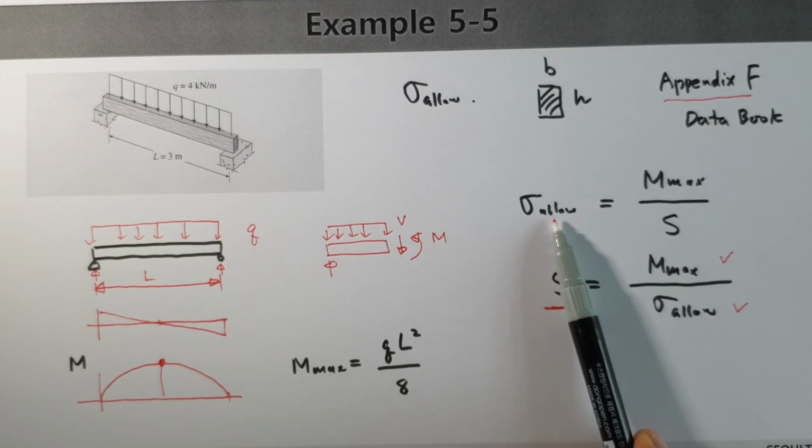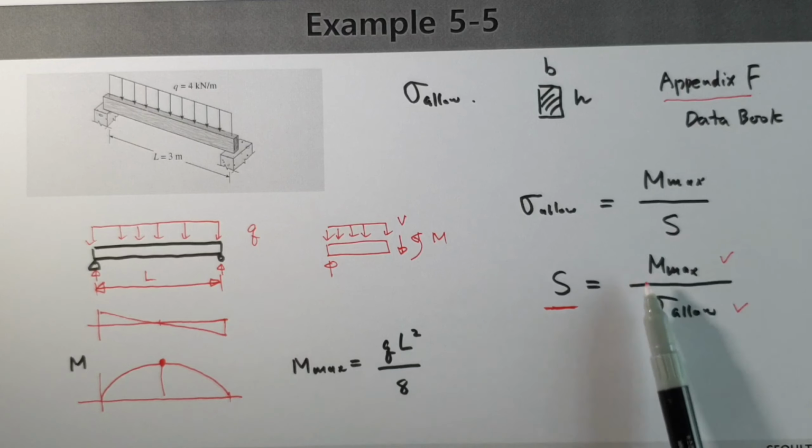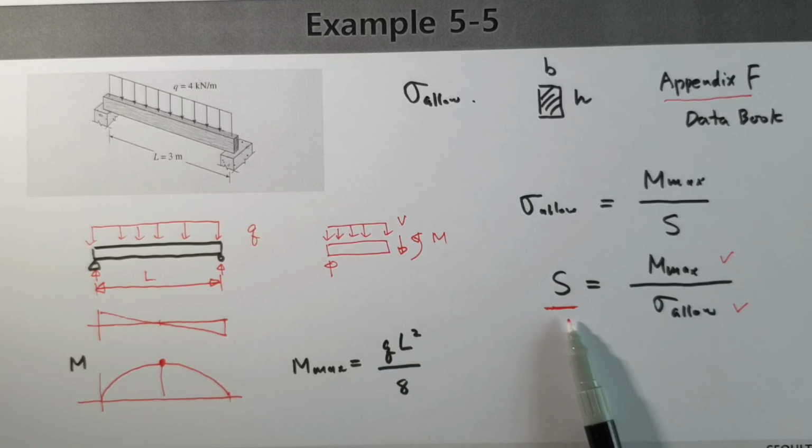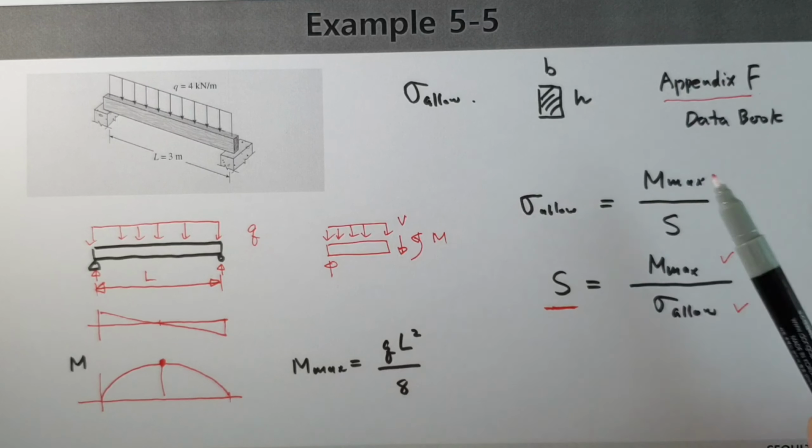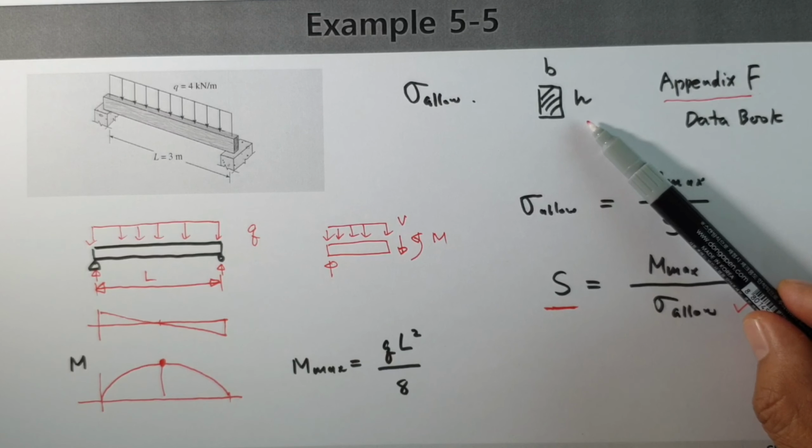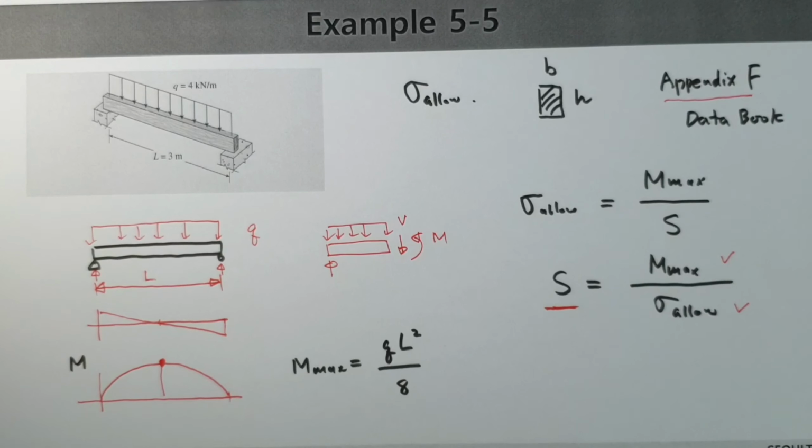Sigma is given, and finally we can calculate the S value, the section modulus. When you have the section modulus, then you can refer to the data book, and finally the appropriate combination of B and H can be chosen. That's the process for this example.